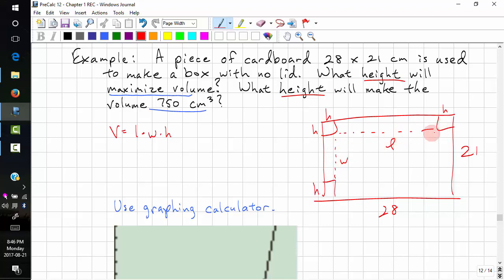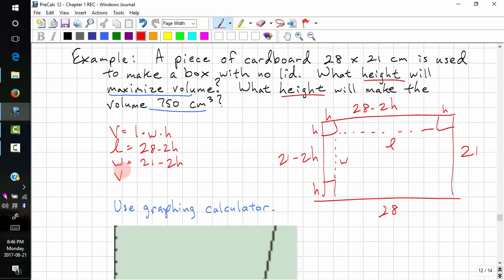So our length, we have 28 centimeters, and we're taking off an h and taking off another h. So this is 28 minus 2h. The width is 21 minus h and another h. So 21 minus 2h. So we have L equals 28 minus 2h. Width equals 21 minus 2h.